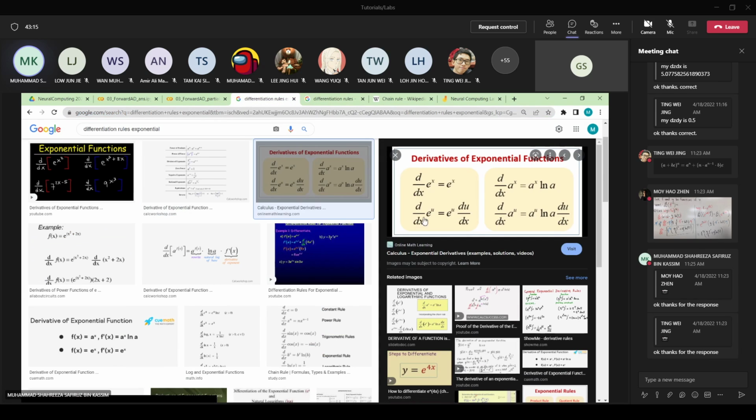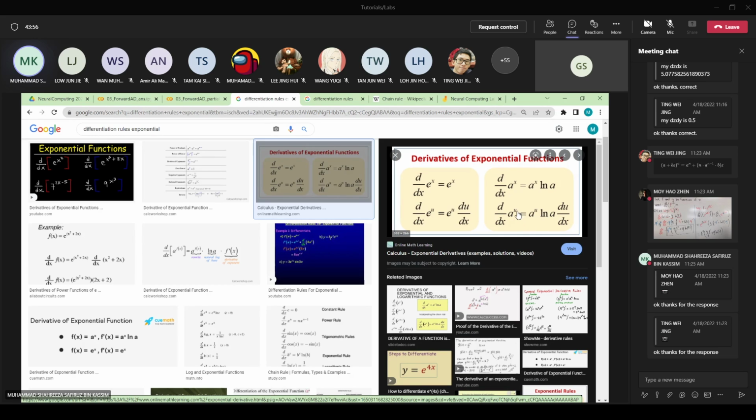We have to use the derivatives of exponential functions. So if you have a to the power of u, or in this case a to the power of x, and we're differentiating with respect to x, it will be a to the power of x, and then you take the logarithm of a, right?